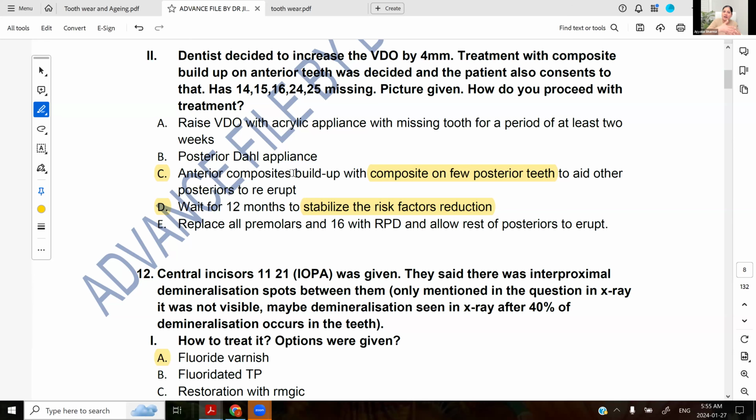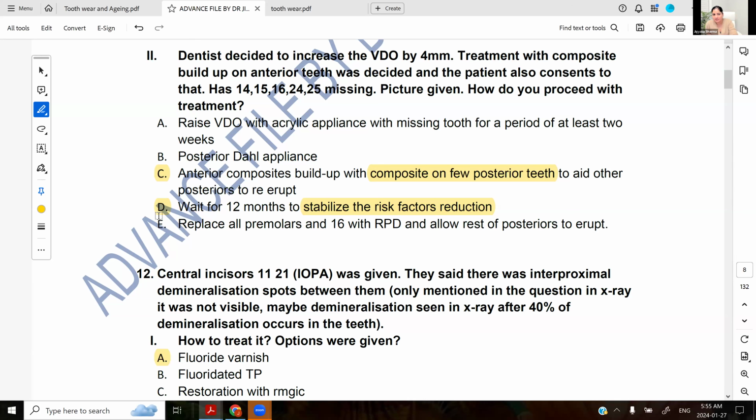Give it at a height so that it separates the posterior 2 mm and it gets supra-erupted, and the rest of the 2 mm you provide by the crowns. Another management could be the stabilization of risk factor reduction, but because it says to wait 12 months for stabilizing the risk factors, no. Stabilization of risk factors should actually begin immediately, even before starting the restorative part. So D also stands incorrect unless the wait for 12 months was not there.